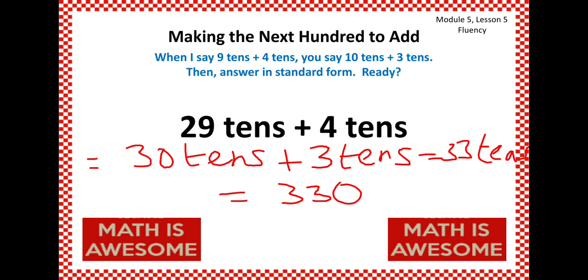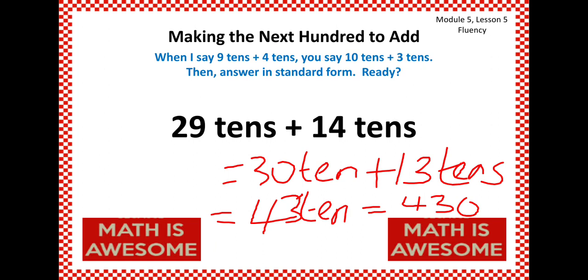What about 29 tens plus 4 tens? We take 1 ten from the 4 tens and add it to the 29 tens to make a complete whole, which is 30 tens. So 3 tens will be remaining. So 29 tens plus 4 tens is equal to 30 tens plus 3 tens, which is equal to 33 tens. 33 tens in standard form is 330.